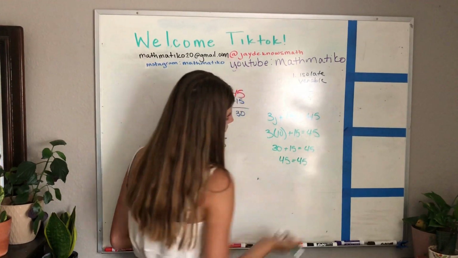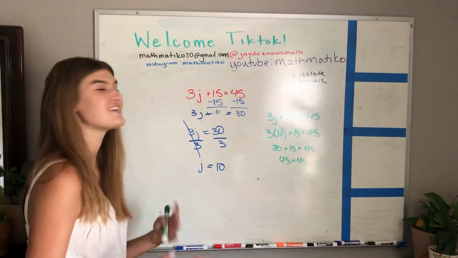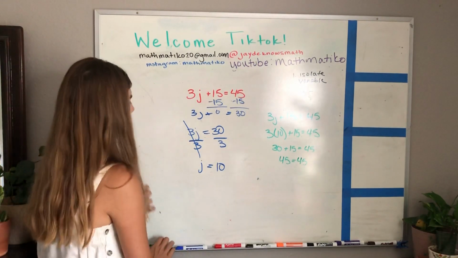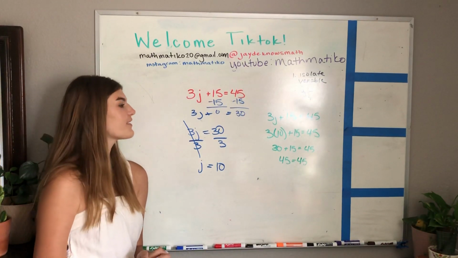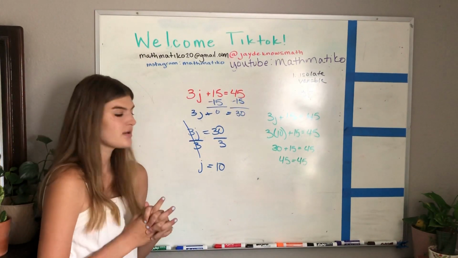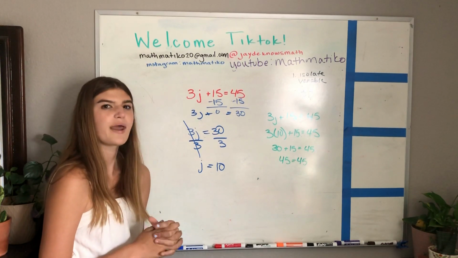Does 45 equal 45? I believe so. So we know we did this right. This is called a two-step equation, so it took us 2 steps to get our answer. This is basically, for the most part, what algebra is.